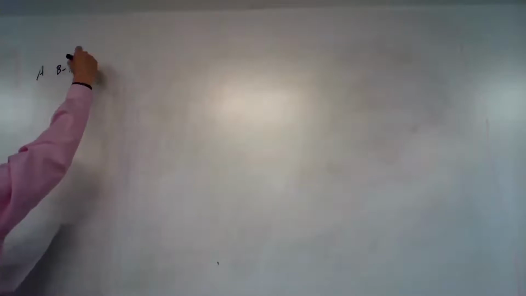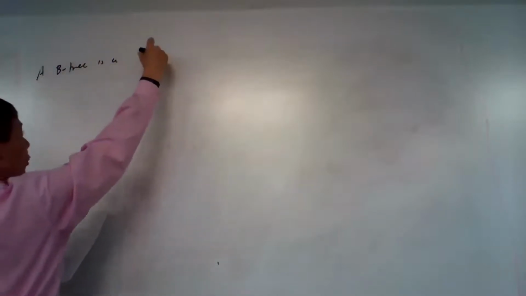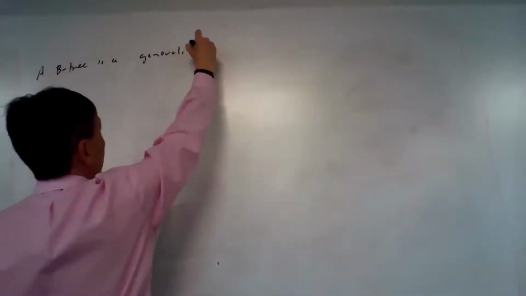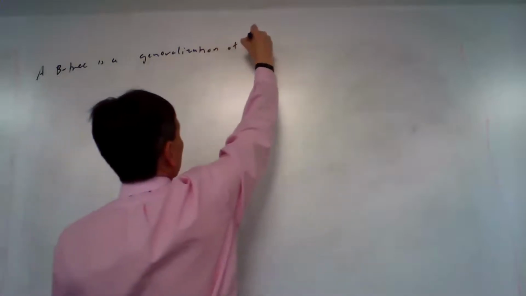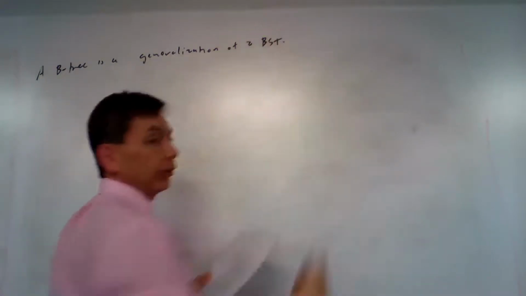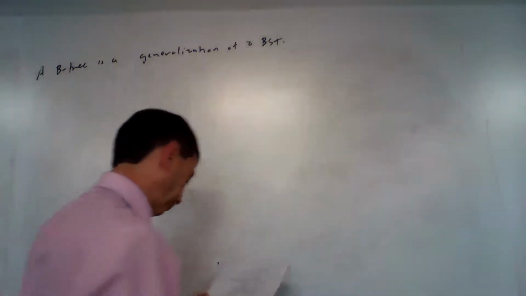Thank you. So a B tree is a generalization of a BST. A BST is just a very special kind of constrained B tree. Okay.